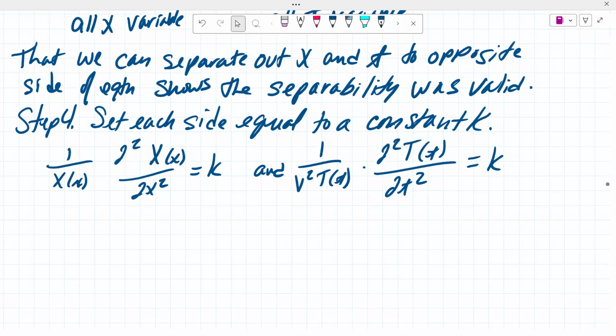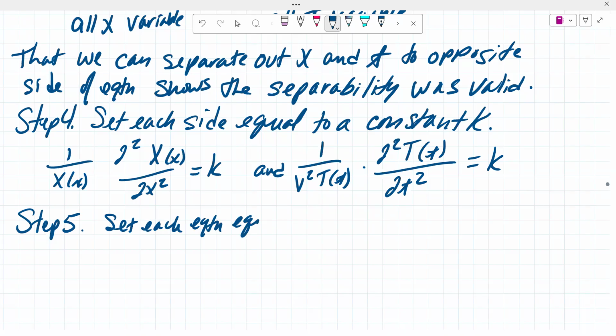Next, we'll need to subtract the k's to get the equations equal to 0. Why are we doing that? Well, it looked kind of like some equations with differentials in them, similar to what we were looking at last time, and that's exactly where we're going. Set the equations to 0. How would that work? We'd need to subtract k from this side of the equation, which sets it equal to 0.